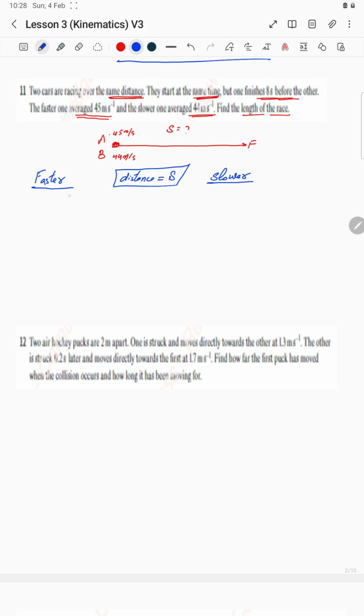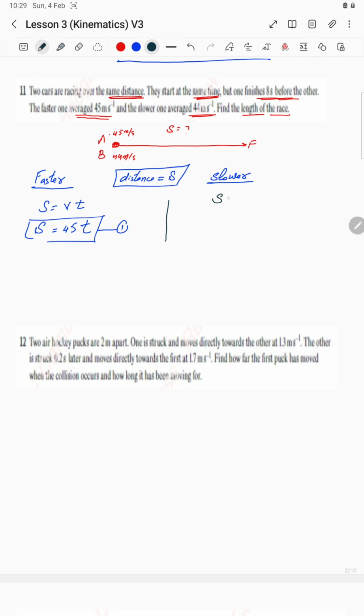So for the faster, if you go with S is equal to Vt, S we don't know here, but V for faster is 45, it is given, and time we don't know. Suppose this is equation number one for the faster one. Now take the other case, the slower one. It's given that one finishes 8 seconds before the other. It means the time taken by the slower is 8 seconds more because it's slower.